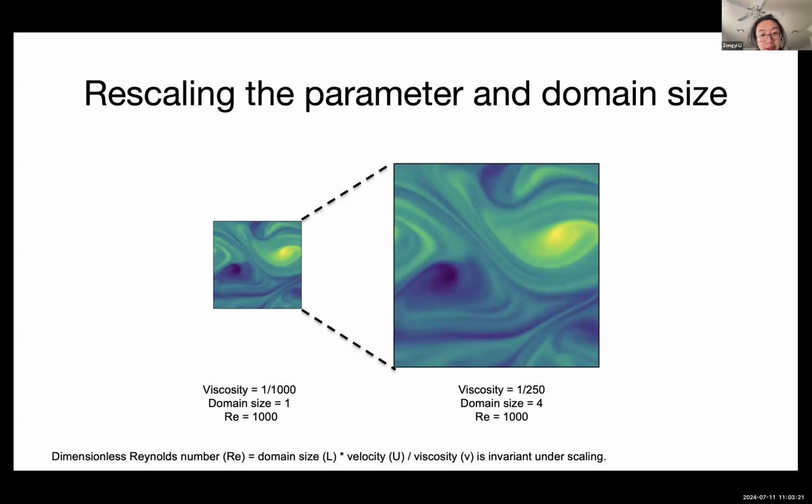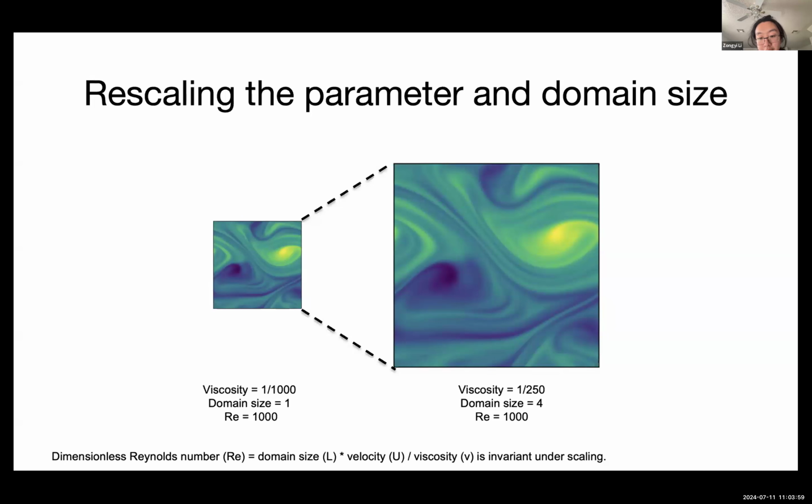For different domain sizes, we can do a simple change of variable, for example, y equals 2x, and plug it into the equations. In this sense, changing the scale of the domain is equivalent to changing the scale of the forcing and some parameters. In this case, it is the Reynolds number. The Reynolds number is a dimensionless parameter defined as the domain size times the average velocity divided by the viscosity.